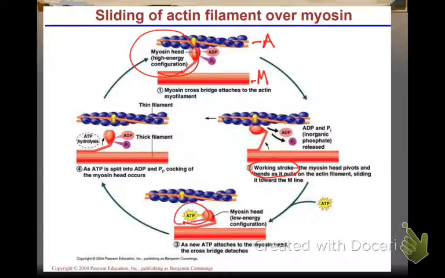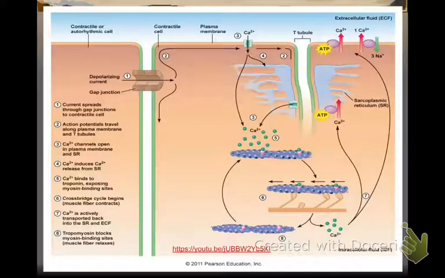Then when ATP bonds, this allows for the breakdown of ATP, allows for the myosin head to let go. This is important because you have to have ATP to allow for the muscle to stop contracting. And this is what leads us into what happens upon death.